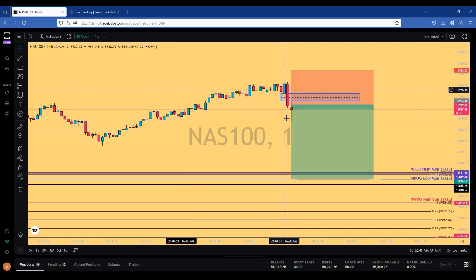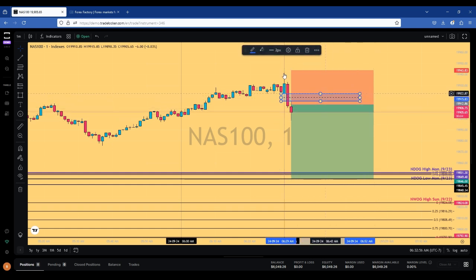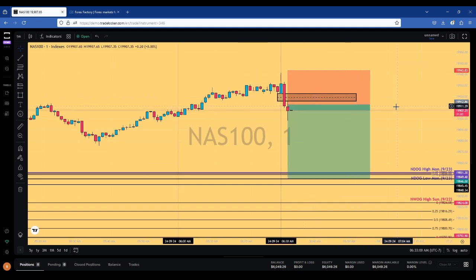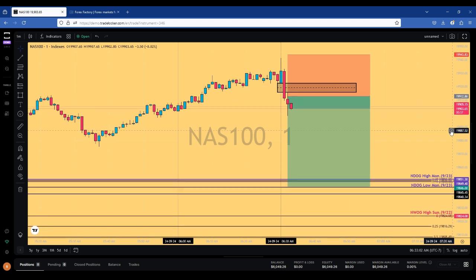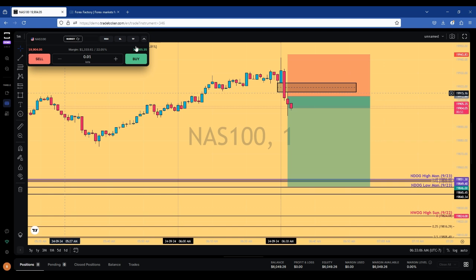But we just broke structure right here, creating this fair value gap. Yeah, now I just need a retracement up into here. Find my entry.